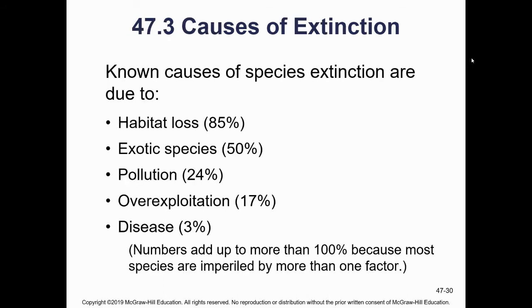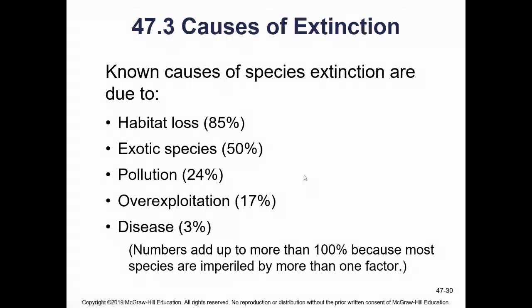So it's contributing to the loss of biodiversity and to extinction. Biggest one, habitat loss. As people move into new and more places and our population expands, we get rid of wild areas to make room for commercial and residential areas. So habitat loss is the number one threat to biodiversity. The introduction of exotic species.